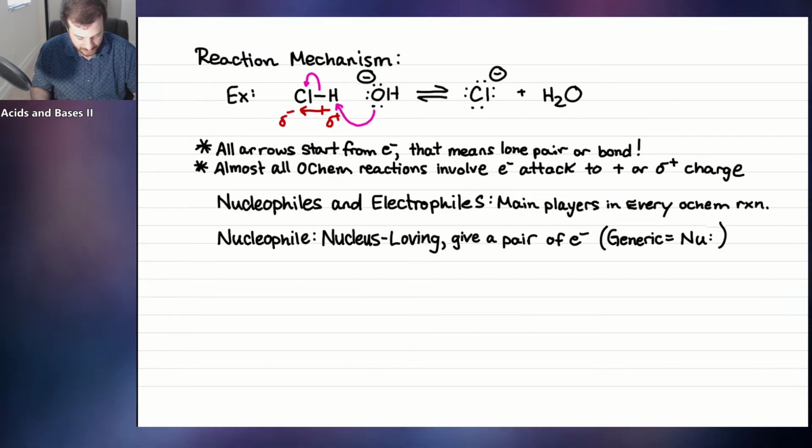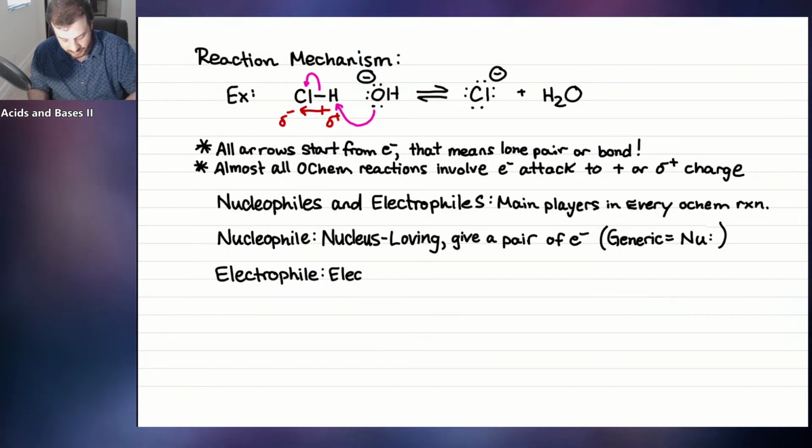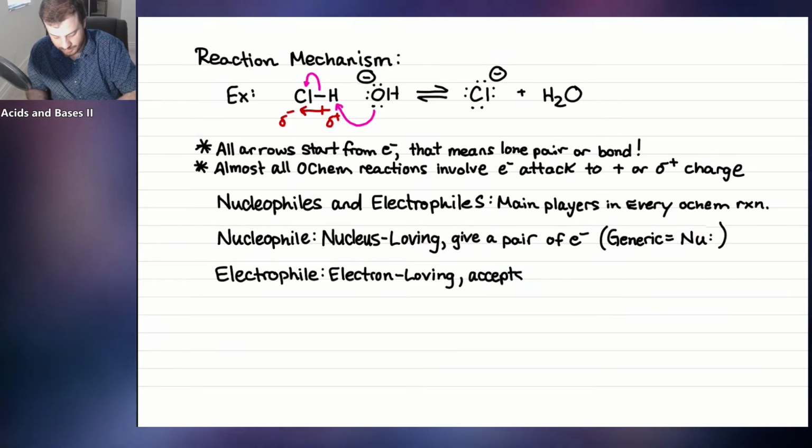An electrophile complements the nucleophile perfectly because it's electron loving. It accepts a pair of electrons. And this is sometimes abbreviated generically as E+ for electrophile.